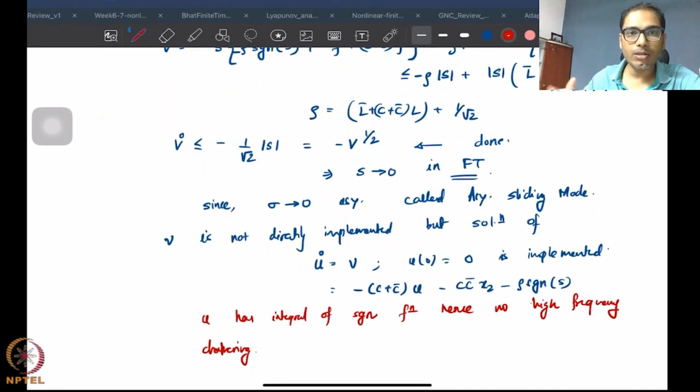So it's not like you're going to completely get rid of this. But super twisting controls are quite an amazing way, a very good way, of getting rather smooth controls. Okay, so let's look at what is the super twisting control.